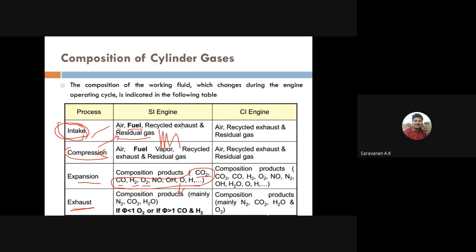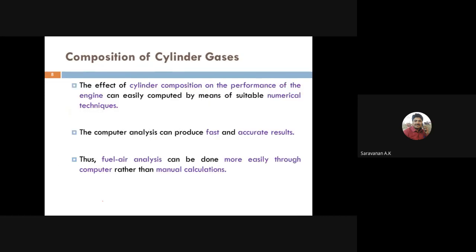Once it burns, there is chemical equilibrium, but it may have some chemical changes. That is called the combustion product, and this combustion product goes out to the exhaust system. Is it clear? This is the actual composition of the cylinder.